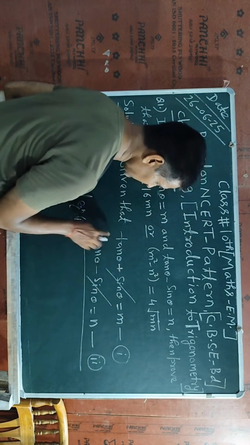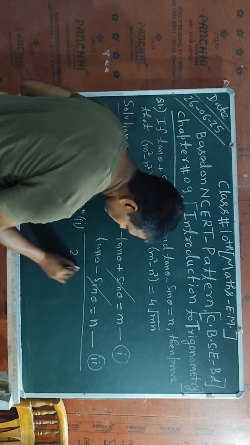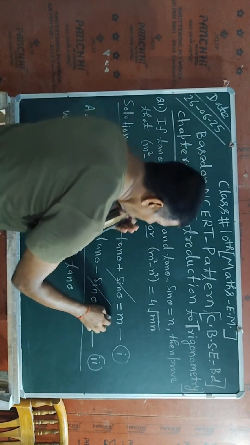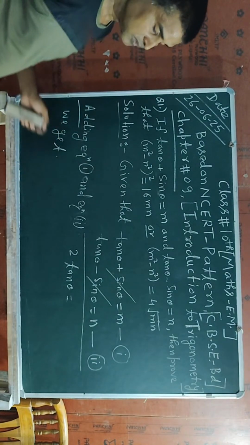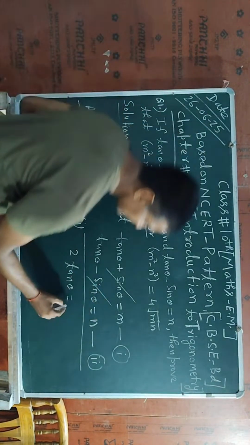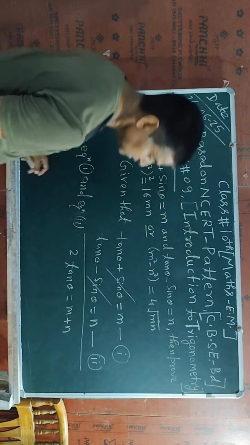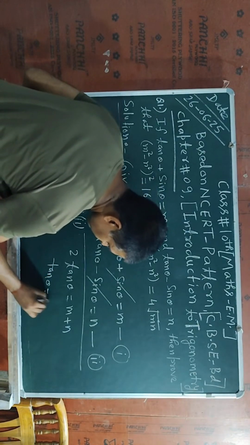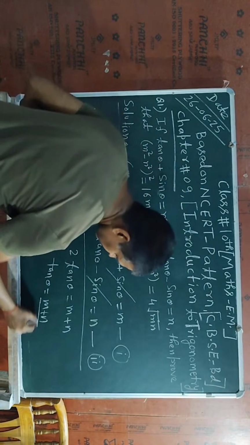It will cancel out, and this is 1 tan theta plus 1 tan theta, which is 2 tan theta, equal to, because here I am adding, and adding has a plus sign, so on the right hand side I will write m plus n. Okay, students, so similarly I will write tan theta equal to m plus n divided by 2.